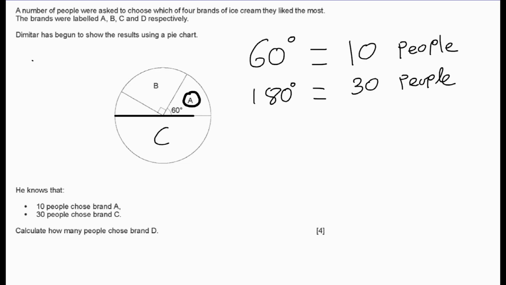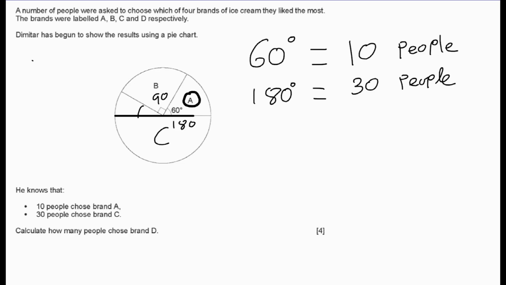So to work out how many people chose brand D, we need to see what the angle is for brand D. Well, we know there's 90 for B, 60 for A, 180 for C. So to work out how much there is for D, just remember angles around a point add up to 360. Or you could say angles in a straight line add up to 180. We have 150, 90 and 60.